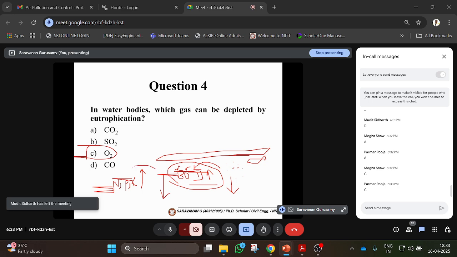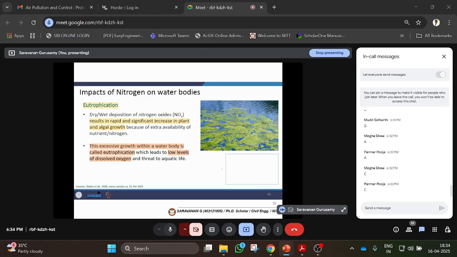The microorganisms require oxygen to digest your organic matter, so they consume all the oxygen and oxygen gets depleted. There will be a green formation at the top, algae formation, right? That's called the eutrophication effect. The answer is O2. You can see here the green deposition at the top. Algae will be formed because of lots of nutrients. With nutrients, algae will grow well.